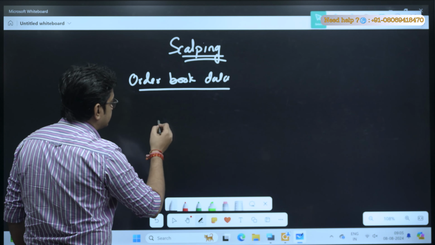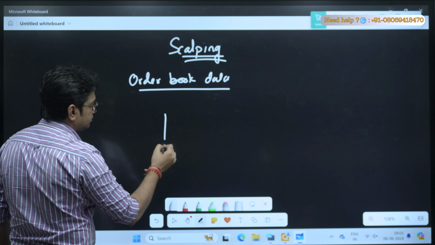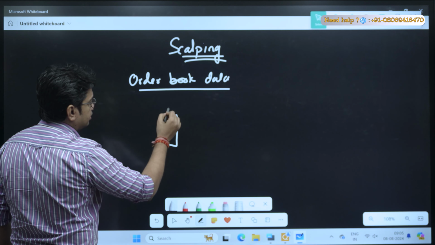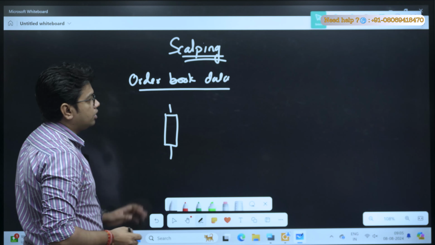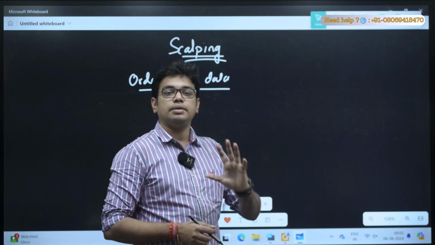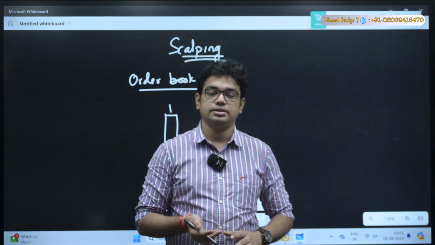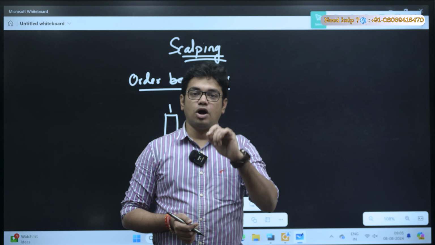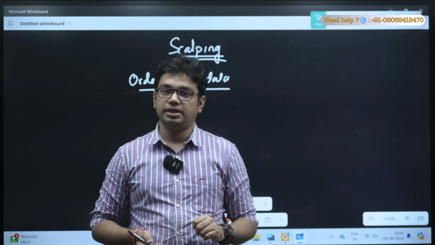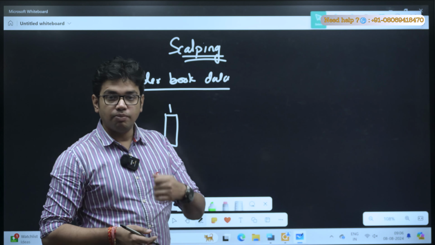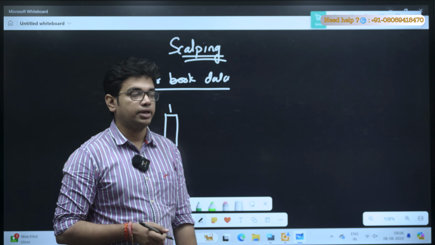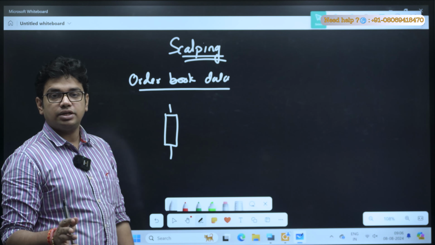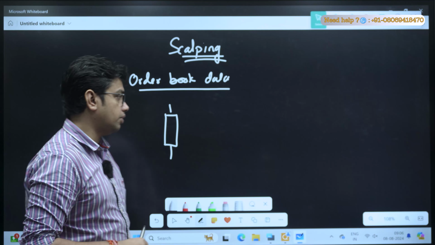Now consider this is the candle. Order book data will give you real time data about the buyers and sellers: on a particular candle at a particular time, how many buyers and how many sellers there are, meaning how much quantity they are buying. It is called buyer initiated quantity and seller initiated quantity.